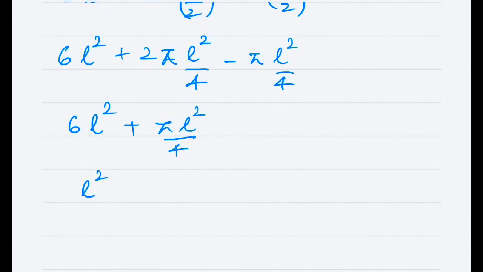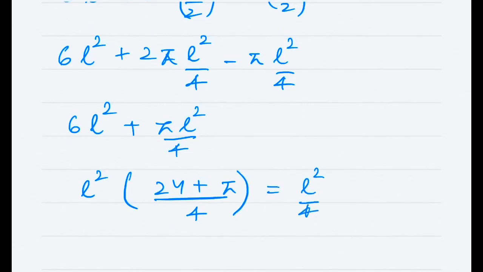So L square by 4 common, this becomes 24, and this becomes plus pi. So now this becomes L square by 4 into (24 plus pi). That will be my answer. I don't have to put 22 by 7 because L is a variable, so I can just solve it like that.